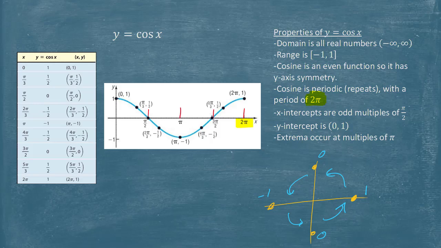Now for this specific function, notice it started with a value of 1, so instead of starting at the origin, it started at a high point. So my first point I would plot for cosine would be that high point, and then from there, every quarter of the period away, it goes through that same pattern of what's next in the sequence. If I'm at a high, the next thing I'd go through is a 0 or a mid.